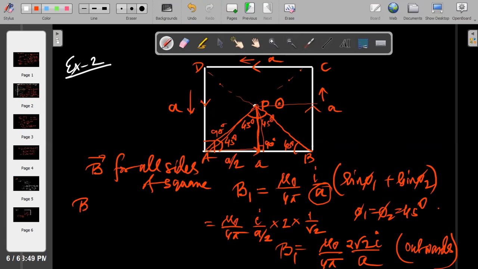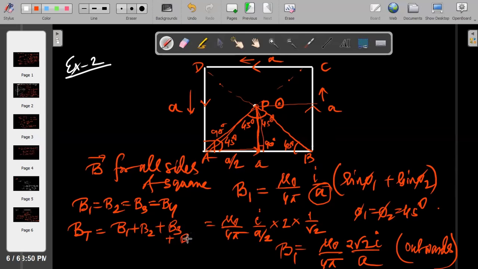You will be getting B1 equals B2 equals B3 equals B4, because all the magnetic field is coming outward, right? If it is inward also, you cannot do this. So outward plus inward, it will be 0. So all are coming outward. So the total magnetic field will be B1 plus B2 plus B3 plus B4, right?